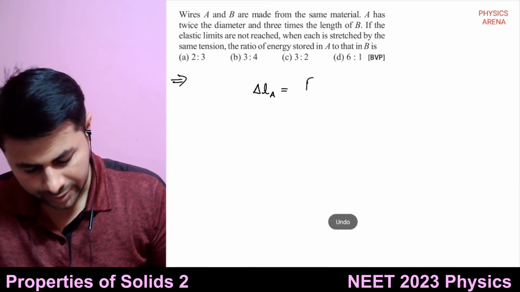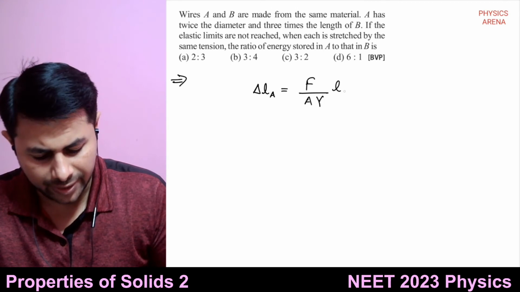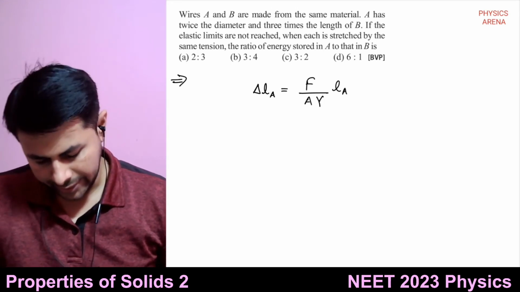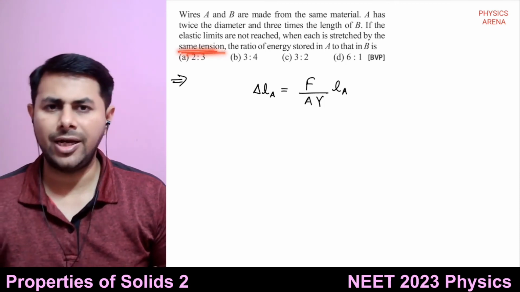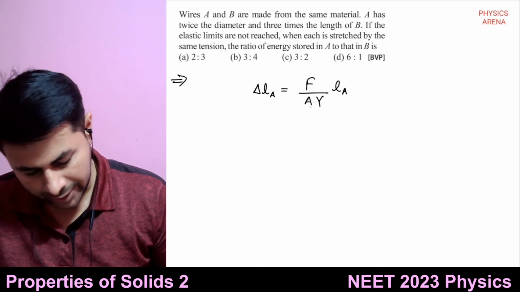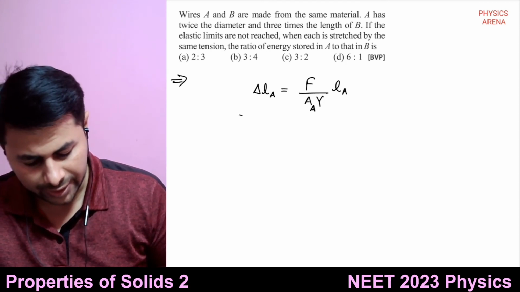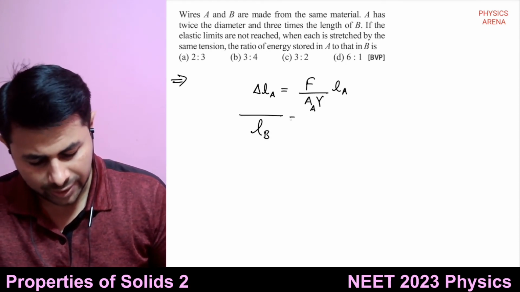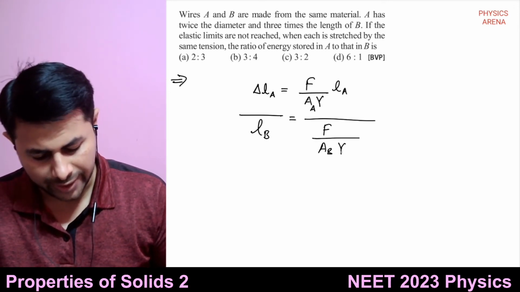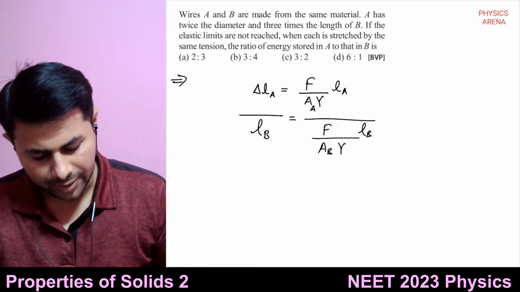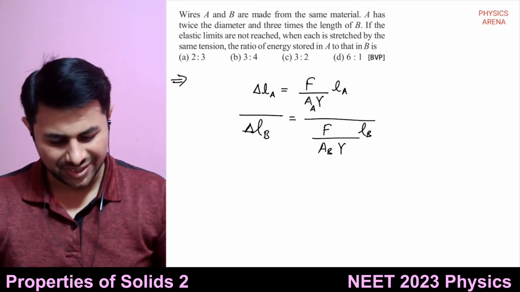It is F upon AY multiplied by LA. It's the same material and the force is equal, they are stretched by the same tension, so just the area of cross section is different. This is for A. Similarly, you can write an equation for B. So delta LB is equal to F upon AB into Y multiplied by LB. Extension, right. Sanjay is saying option B.